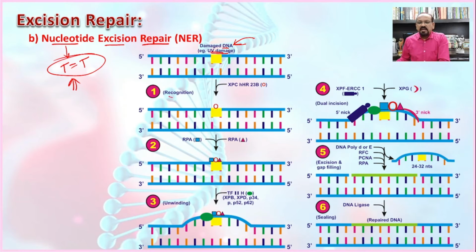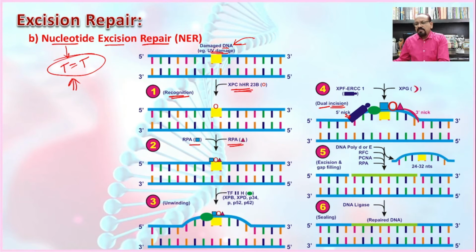First it is recognized by an enzyme, and when it is recognized, multiple enzymes bind to it, and later there is formation of an incision at the damaged part of the DNA molecule.